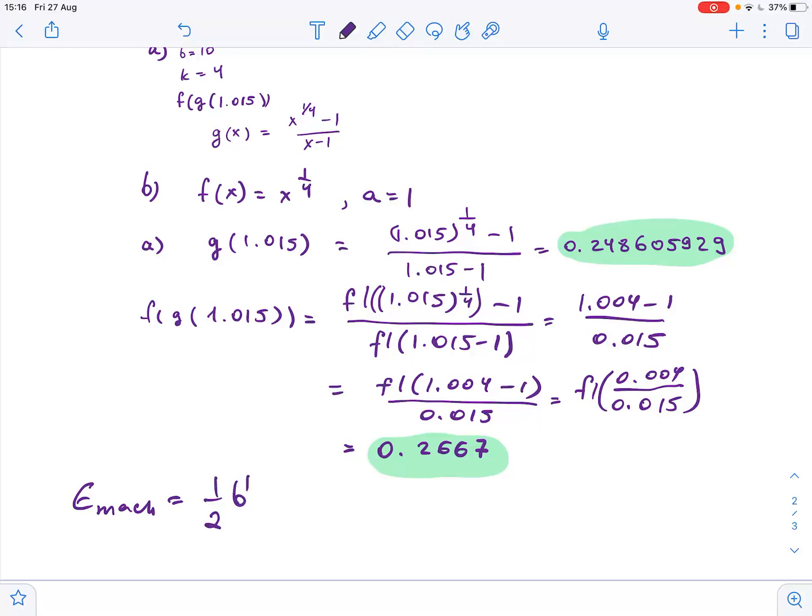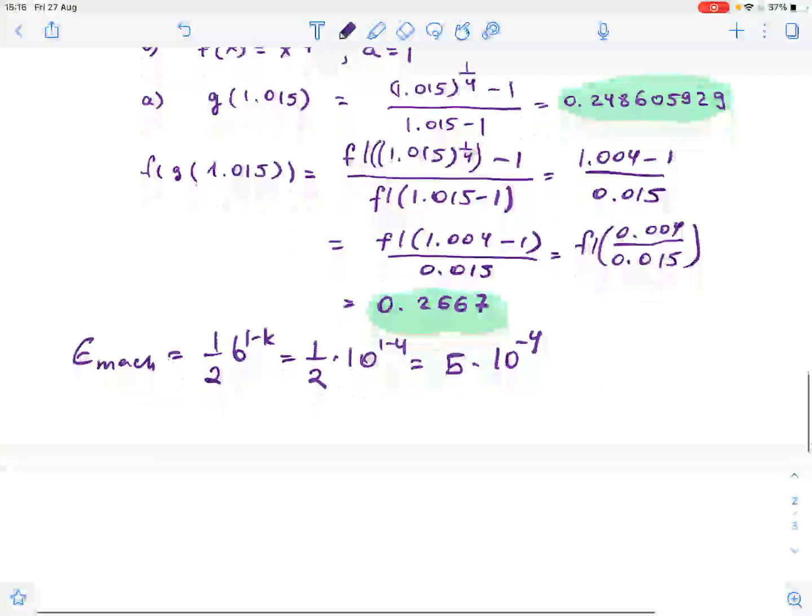So the machine precision for b equals 10 and k equals 4 is 1 over 2 times b to the power of 1 minus k, so it equals 1 over 2 times 10 to the power of 1 minus 4, so it's 5 times 10 to the power of negative 4.